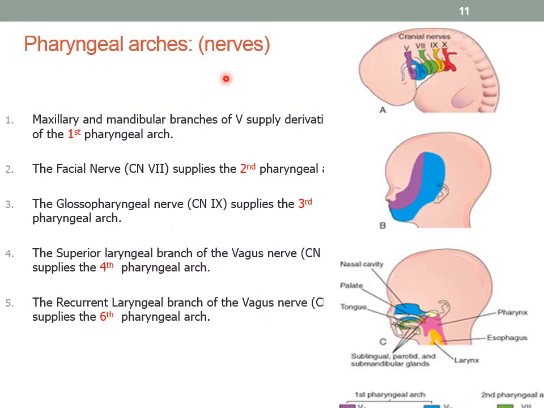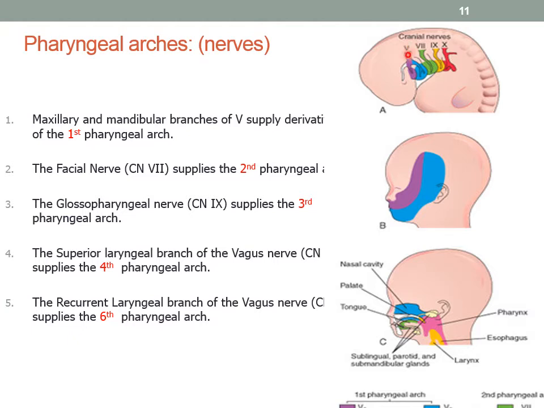Now we'll talk about the nerves of the pharyngeal arches. The maxillary and the mandibular branches of the fifth cranial nerve, which is the trigeminal nerve, supply derivatives of the first pharyngeal arch. As you see in the right side image here, V means cranial nerve 5.